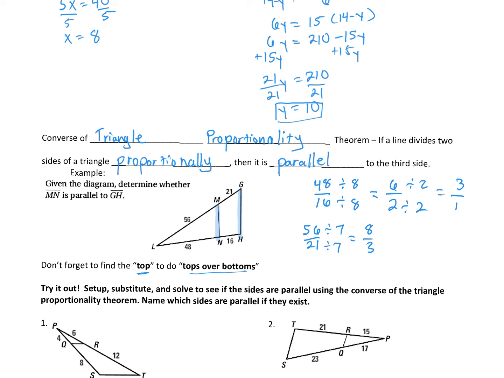Okay, we can't reduce 8 over 3 anymore. 8 over 3 does not equal 3 over 1. They do not equal each other. So these lines are not parallel.